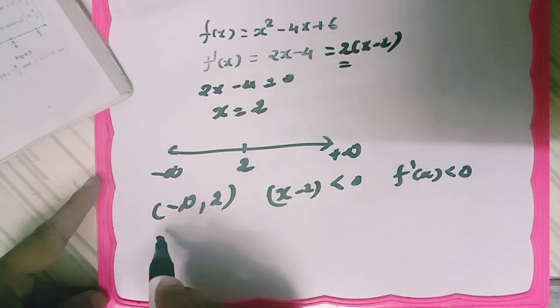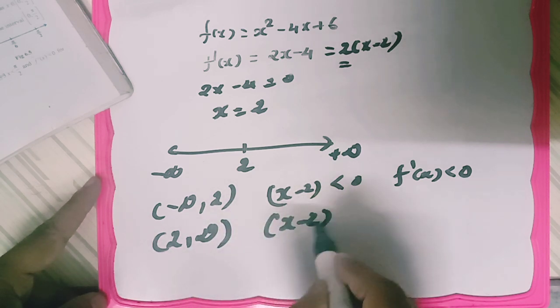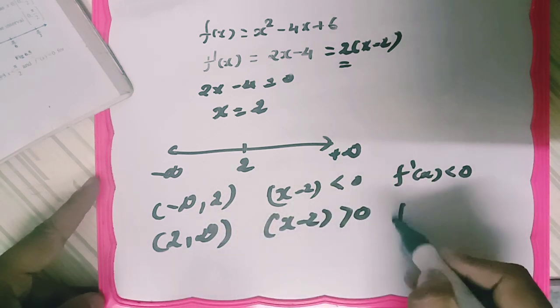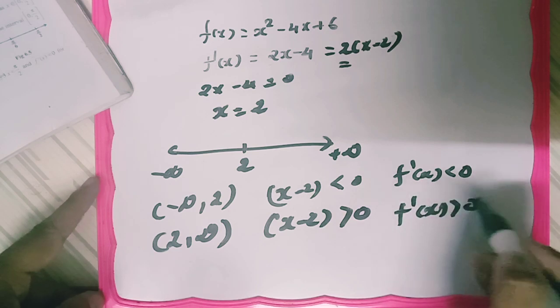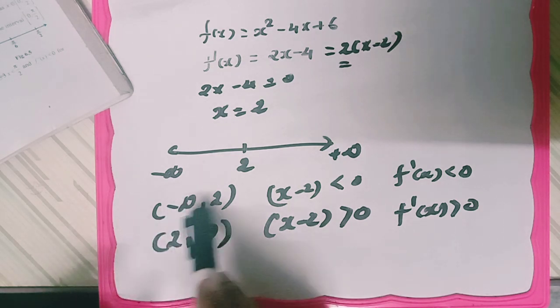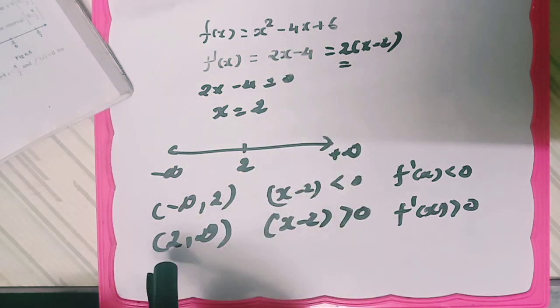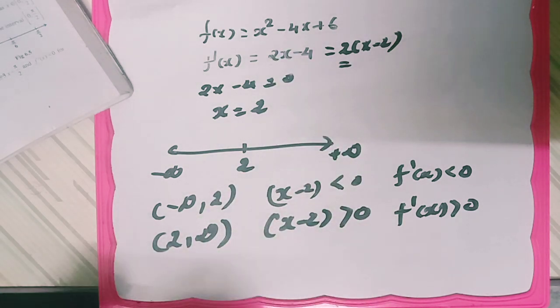Between 2 to infinity, x minus 2 is greater than 0, and so f dash x is greater than 0, so it is strictly increasing. So from minus infinity to 2 the given function is decreasing, while between 2 to infinity the given function is increasing.